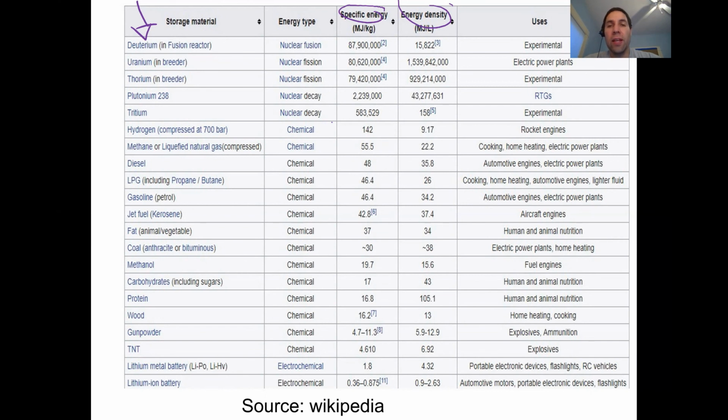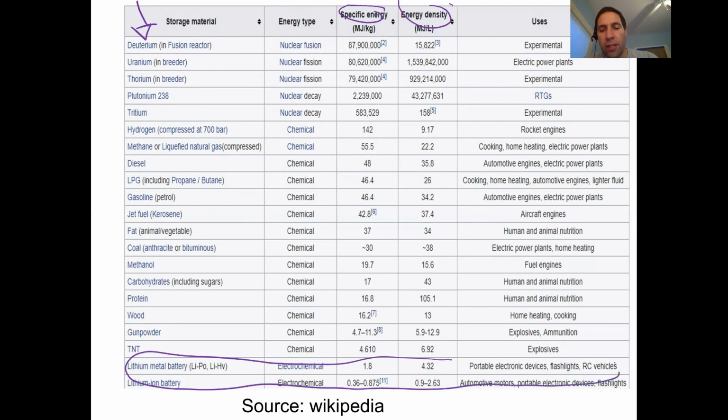There used to be a saying that electricity was going to be so cheap you wouldn't even meter it because you could just sell it for a flat fee, so to speak. That hasn't come to fruition for a lot of reasons. But anyway, you can see why the promise is there, or the possibilities, given the numbers for specific energy and energy density.